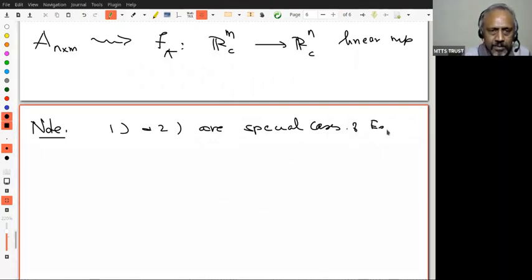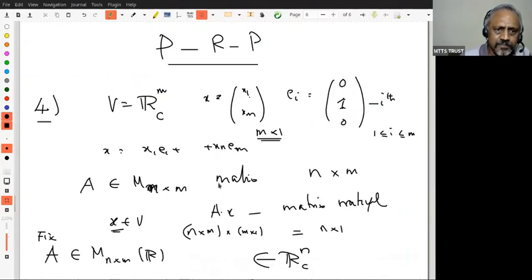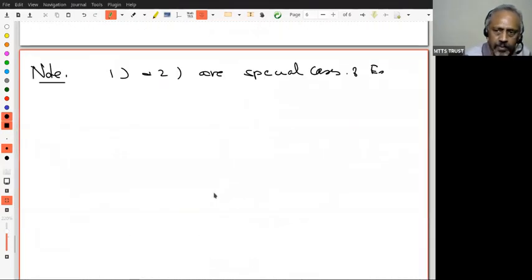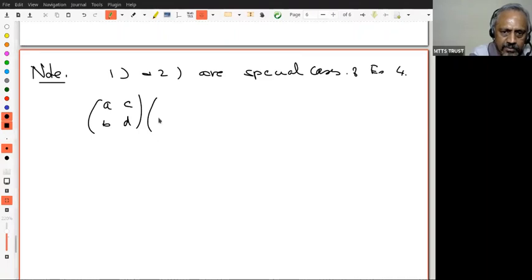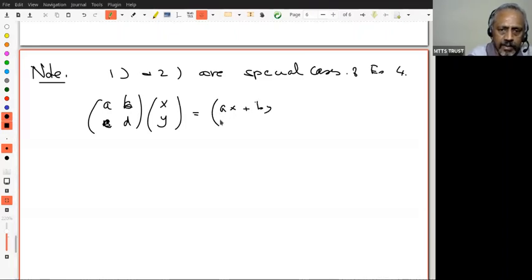Example 4 or 5? 4. Okay, why? Notice that if I look at the matrix A, B, C, D and write x, y as a column vector, this is going to be ax plus by and cx plus dy.